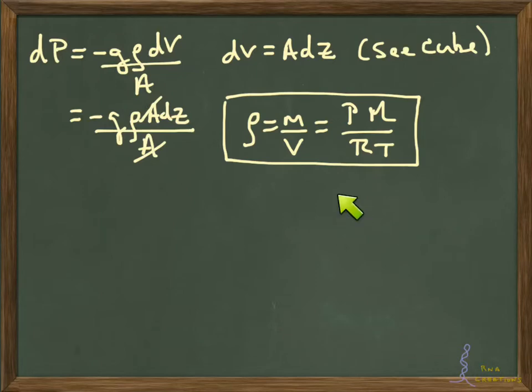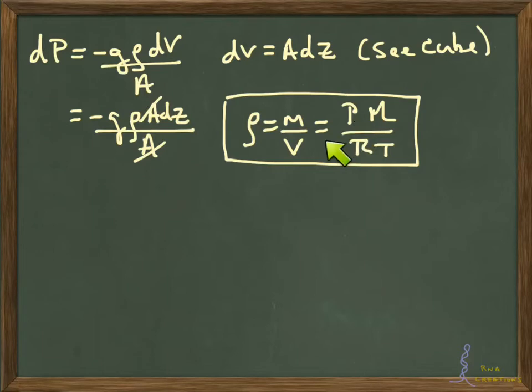We can then write down the definition of density from the ideal gas equation: density equals mass per volume, which is equal to pressure times molecular weight over RT. When we substitute this in, it brings pressure into the equation, and we're going to be able to take that over on the left side with the dP and do our calculus and integrate.